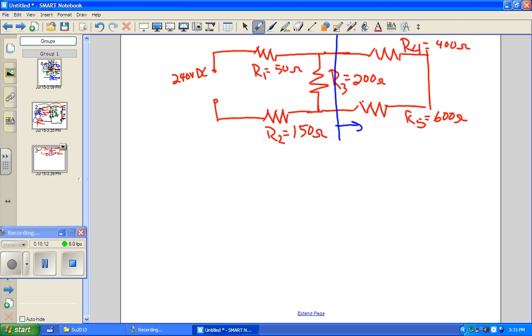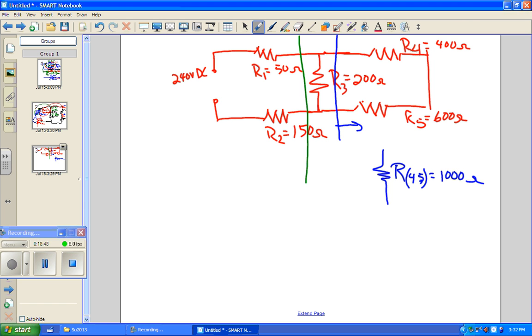So we can simplify that very quickly. 1000 ohms, right?